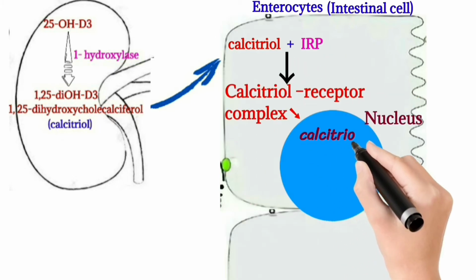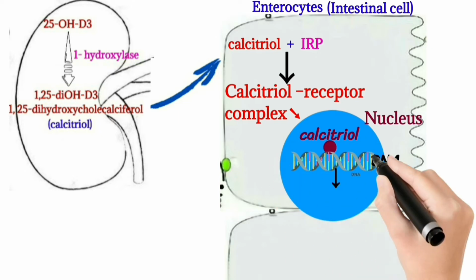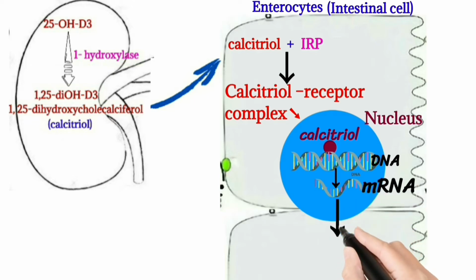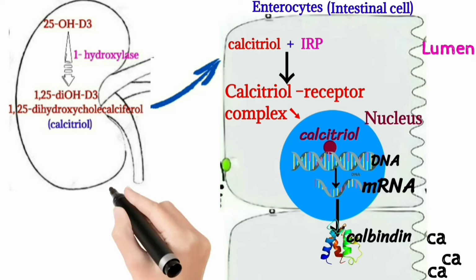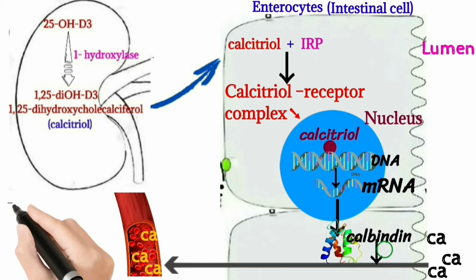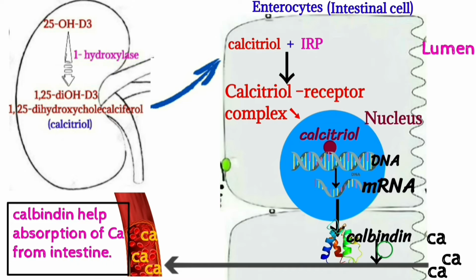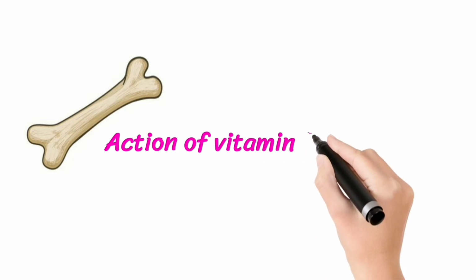The calcitriol binds to a specific site of DNA in the nucleus and forms messenger RNA, and messenger RNA forms a protein called calbindin. With the help of calbindin, calcium goes to blood, and it also helps to increase absorption of calcium from the intestine. Understand?